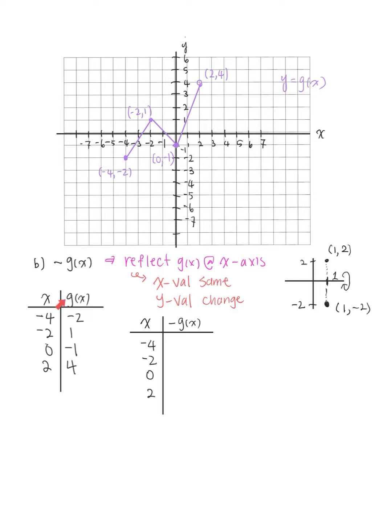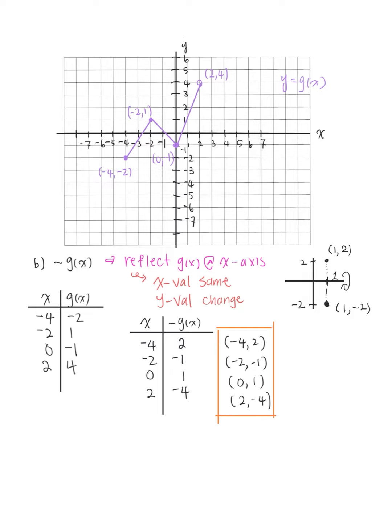Now, what if I have a negative on the front of it? All you have to do is multiply all these values by negative 1. So if I do that, then this is going to be 2, negative 1, and then 1 and negative 4. So we're going to be plotting negative 4, comma 2, negative 2, comma negative 1, 0, 1, and then 2, comma negative 4.